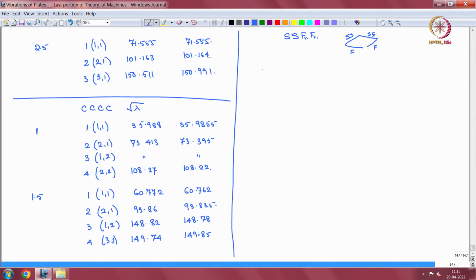So for alpha of 1, mode number 1, the quote unquote exact value is 3.3687, and the orthogonal polynomial result, that is the method of Professor Bhat, is 3.3671.